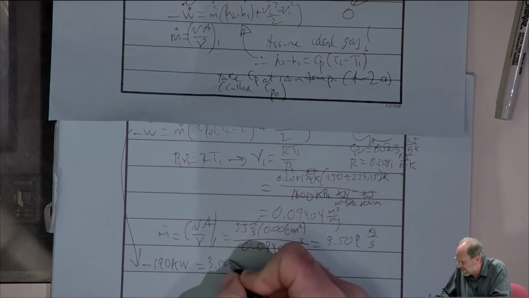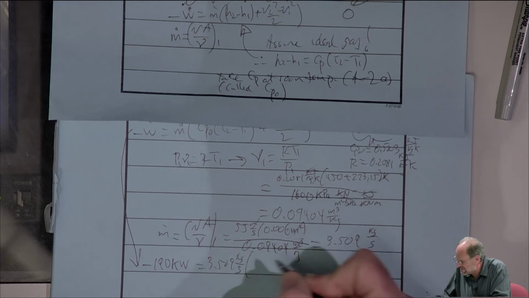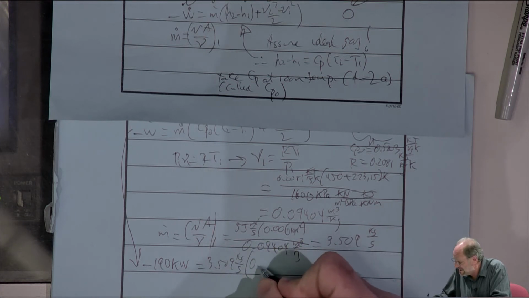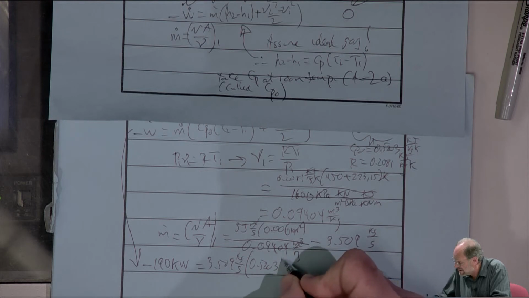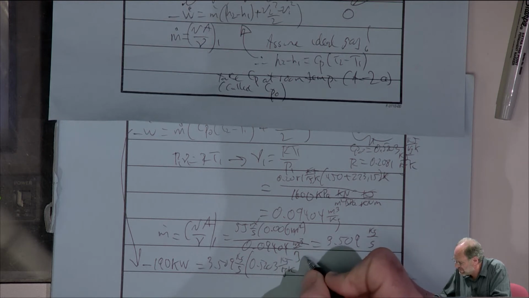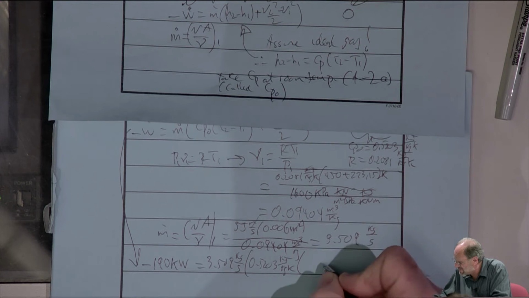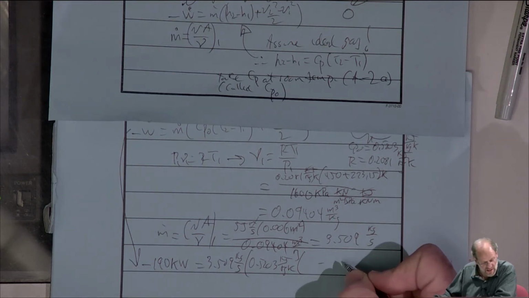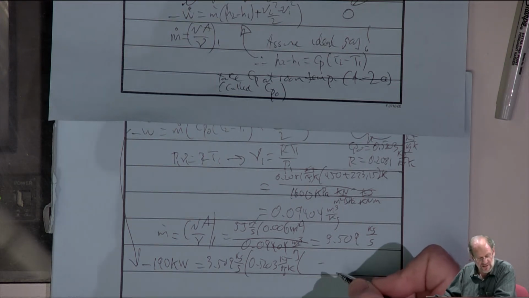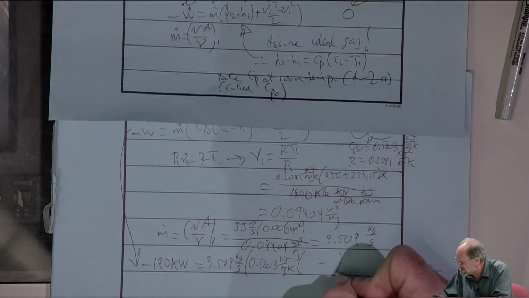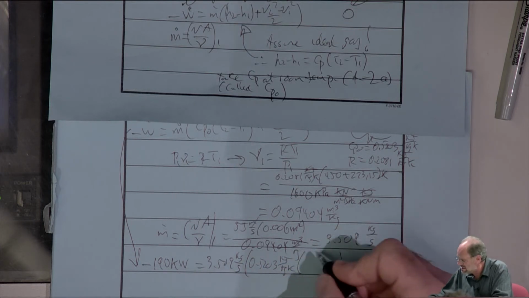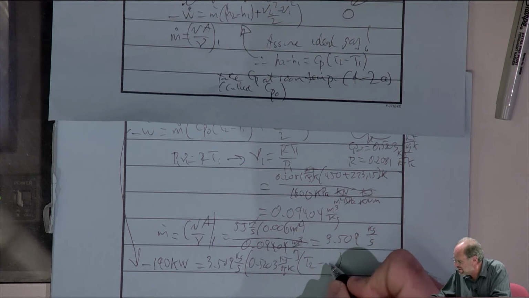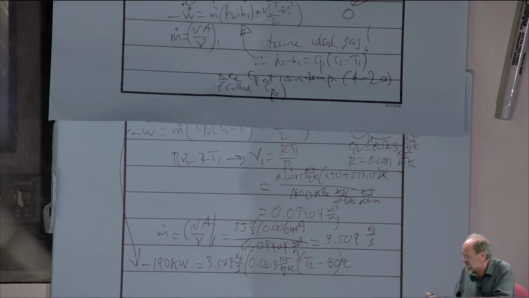So 3.509 kilograms per second, Cp 0.5203 kilojoules per kilogram per Kelvin. We now have a temperature difference. Let me again remind you that a temperature difference in Kelvin is the same as a temperature difference in Celsius. So I'm just going to leave these in Celsius. T2 is my unknown. T1 is 450 degrees Celsius, but again, we're talking about a difference in temperature, not an actual temperature.